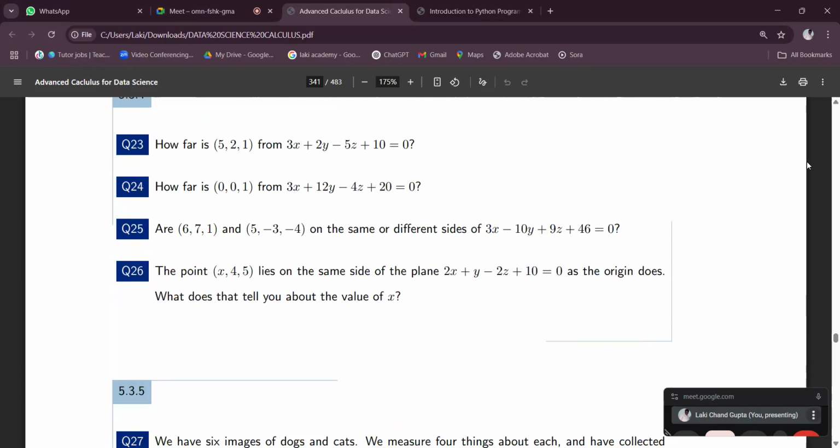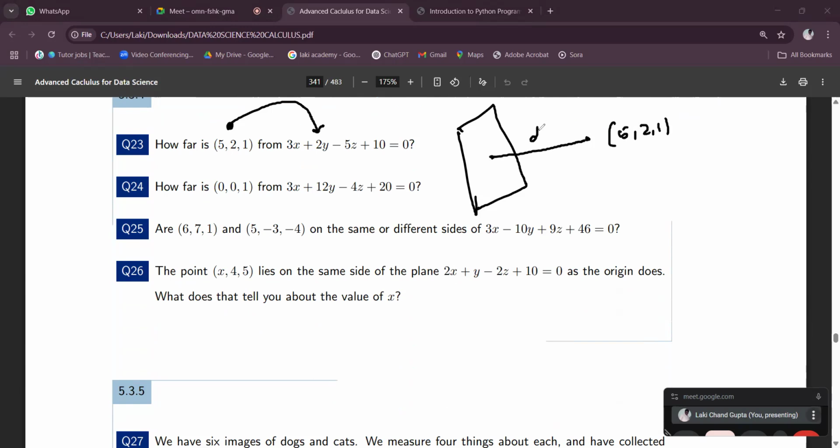So how far? How far means distance of this point from this plane. It means that this is a plane and this is a point 5, 2, 1. So what is distance between these 2 points? It is asking basically, right? So what do you do? Distance is what?